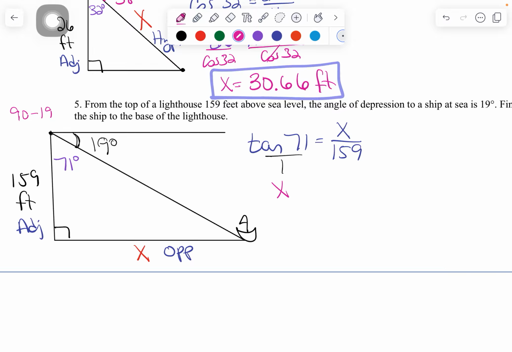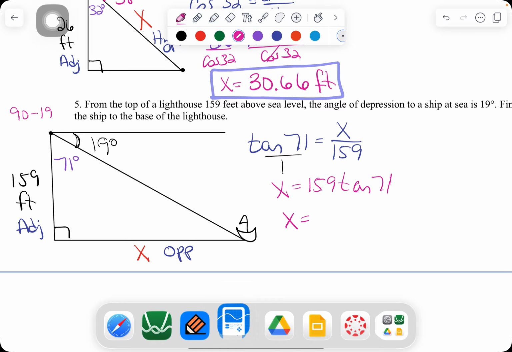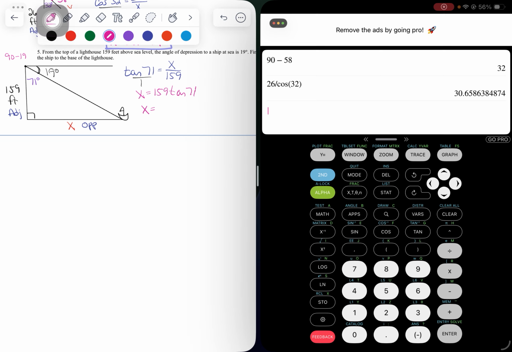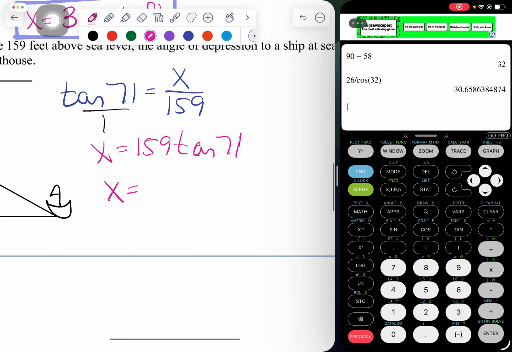Little cross multiplication here. X is equal to 159 times the tangent of 71. All right, and no expectation that this is going to happen in your head. So immediately let me grab my calculator here. All right, so 159 times the tangent of 71.